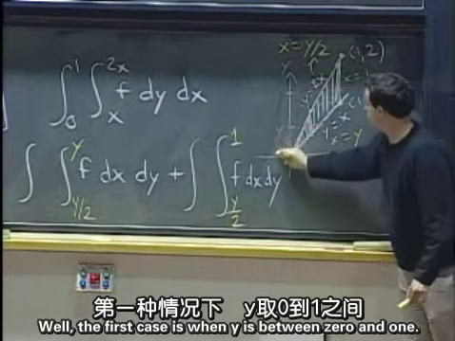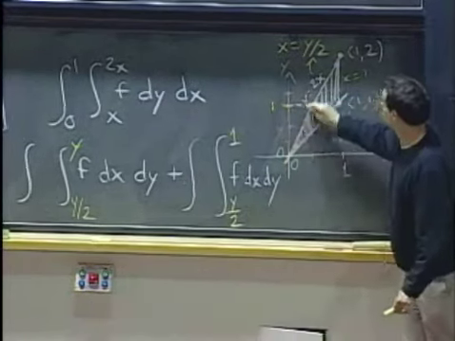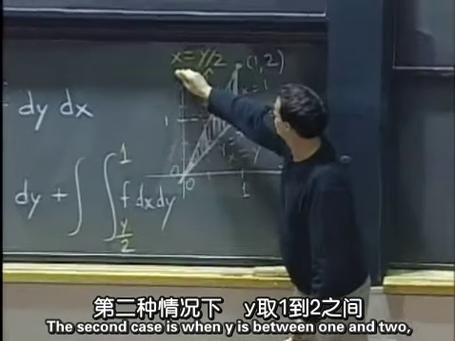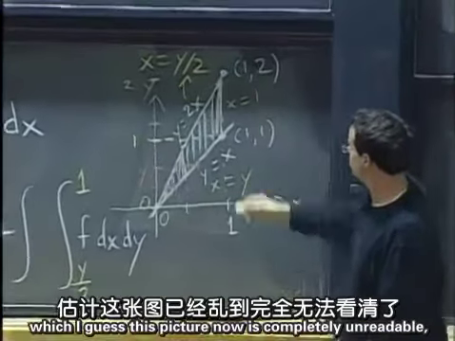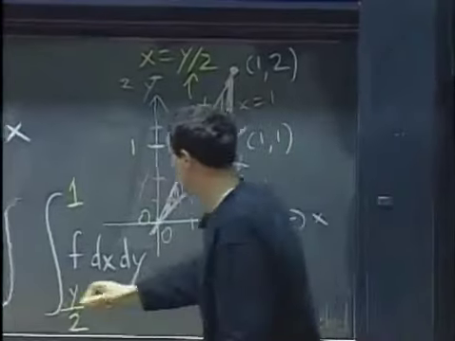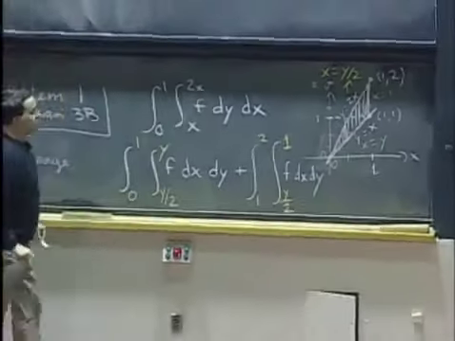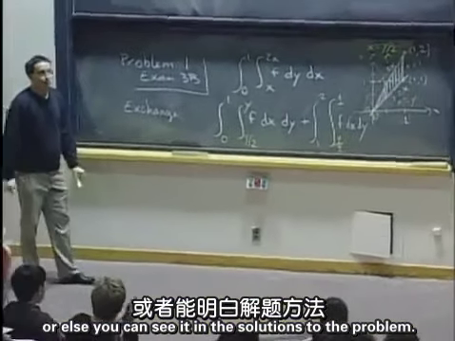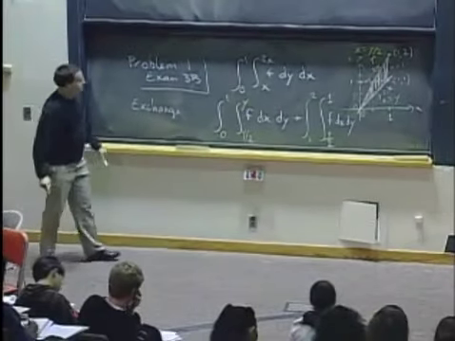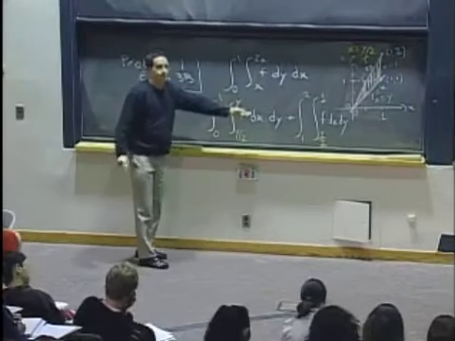Well, the first case is when y is between 0 and 1. The second case is when y is between 1 and 2, which I guess this picture now is completely unreadable, but hopefully you've been following what's been going on, or else you can see it in the solutions to the problem. And so that's our final answer.